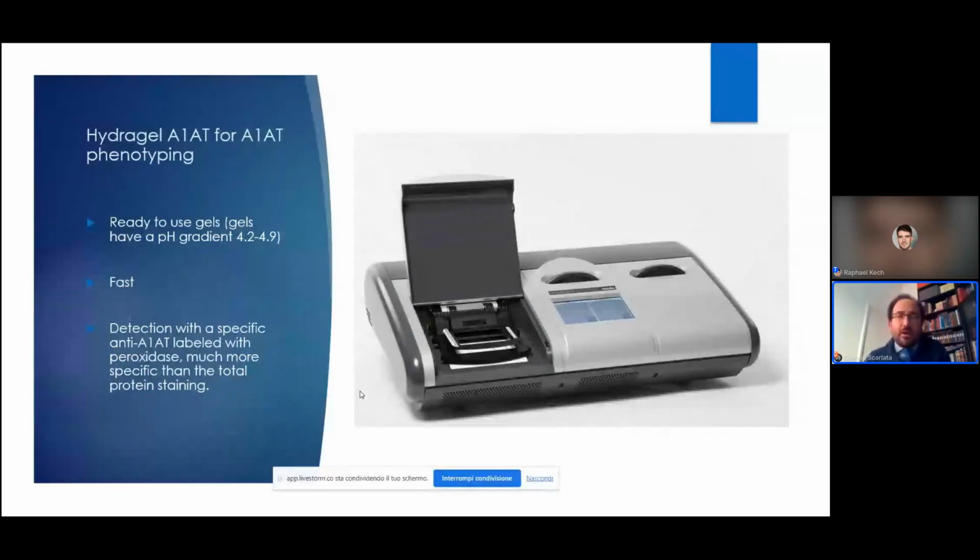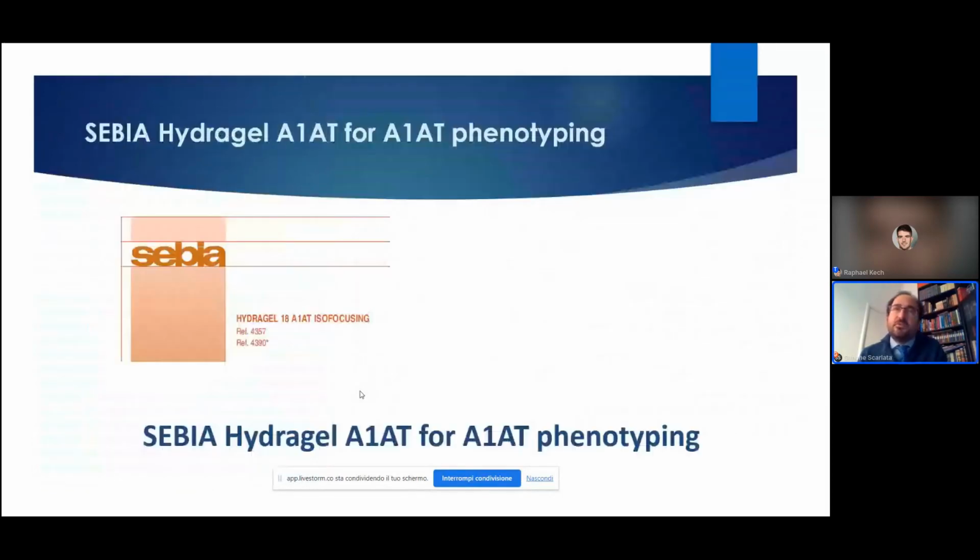It is quite fast and very reliable, and allows you to perform detection with a specific anti-alpha-1 antitrypsin labeled with peroxidase. So this is making the approach very, very useful and easy. This is some specific indication for your convenience if you want to know more about this.